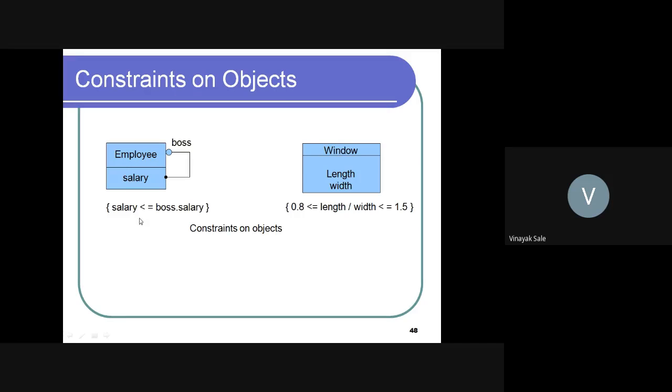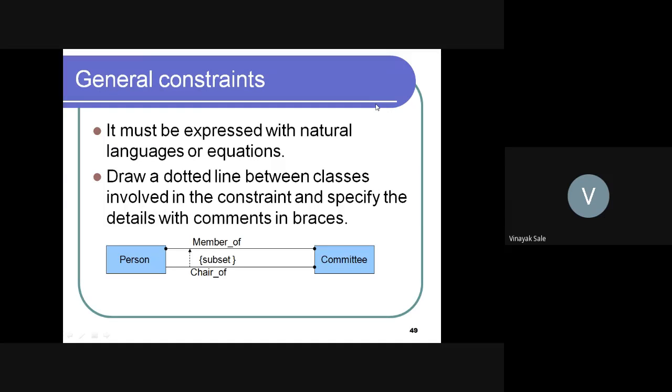So salary is less than or equal to boss dot salary shows a one to many relationship, but here only a relationship in the case of a single window. These are constraints on objects.